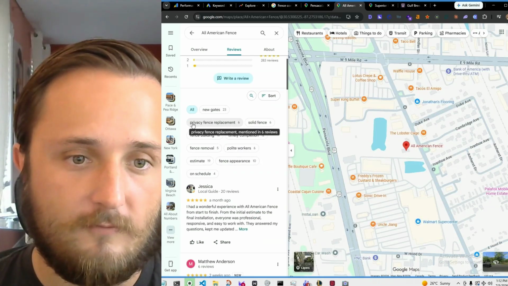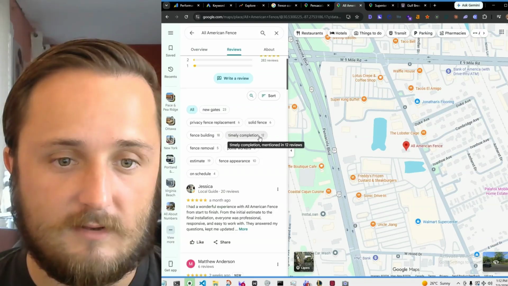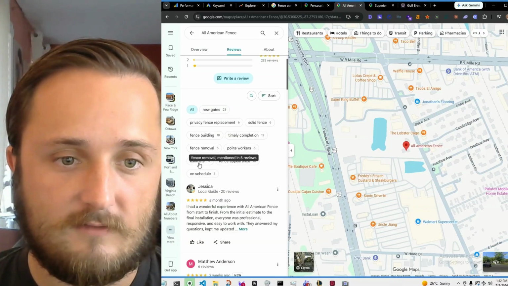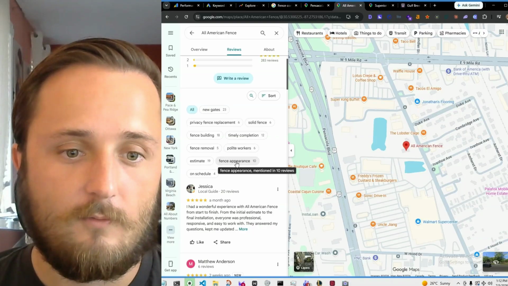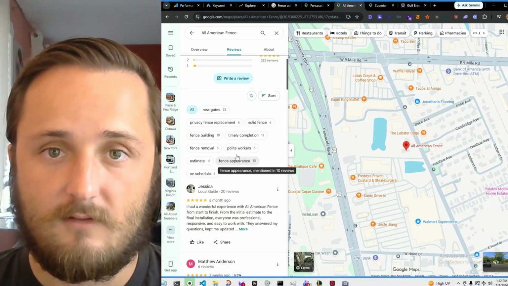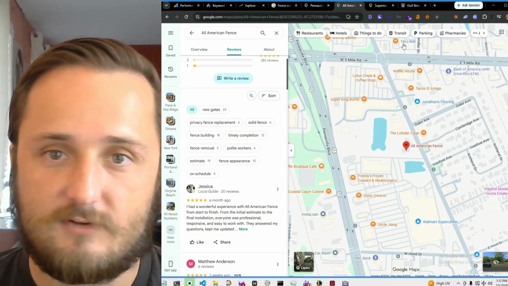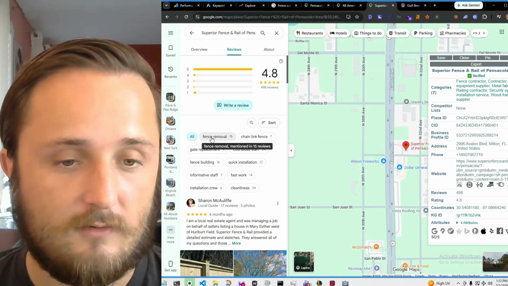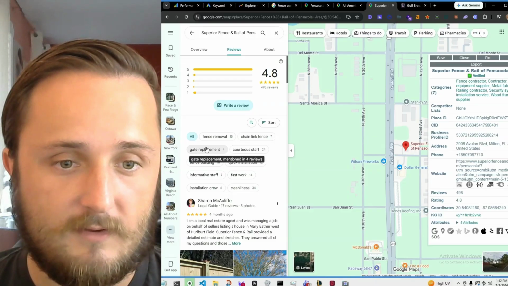We're going to look at another profile: privacy fence replacement, solid fence building, timely completion, fence removal. We got all of these different things that Google thinks is relevant. And so we need to be considering this for when we go to target a specific keyword or structure our pages or the services that we need to be targeting. So we also have another example here of fence removal, chain link fence, gate replacement.